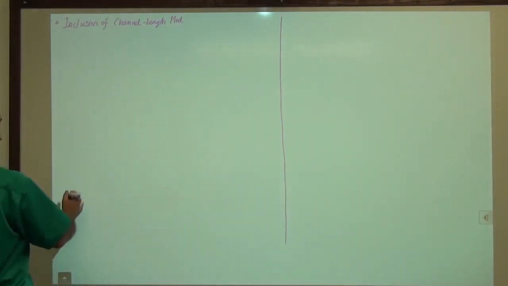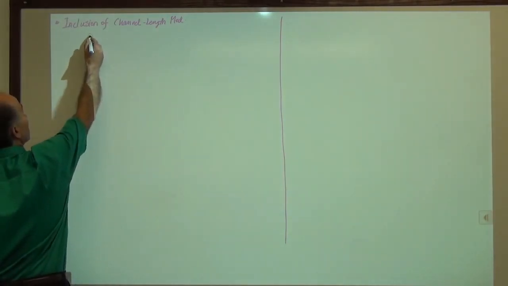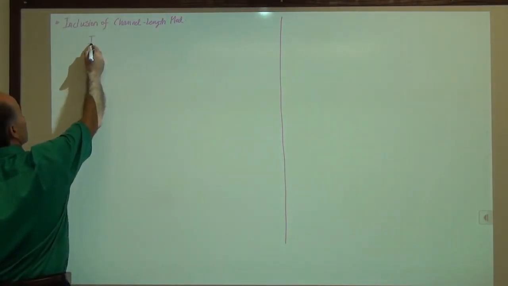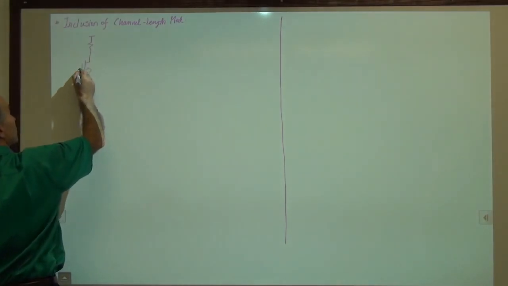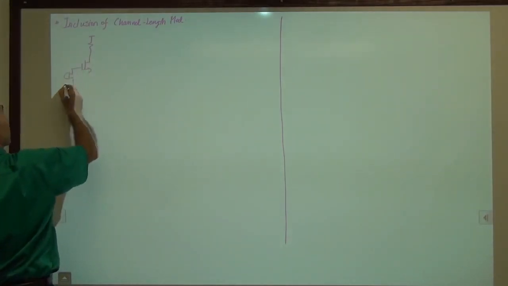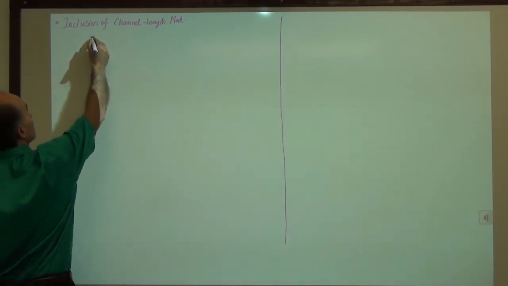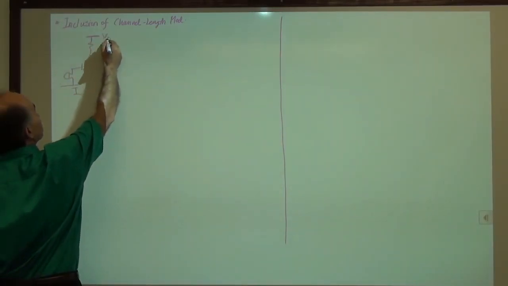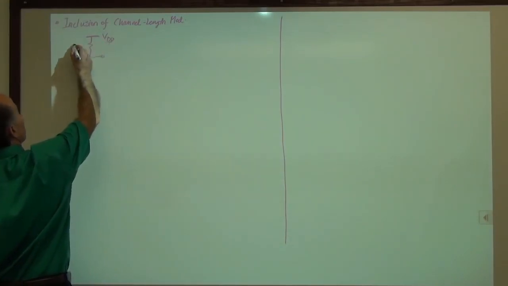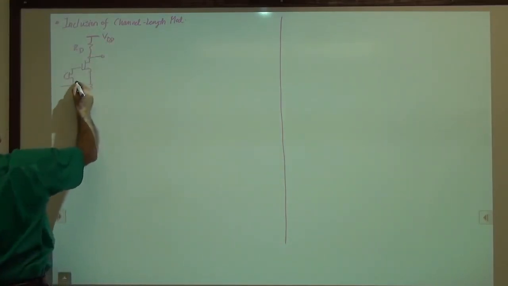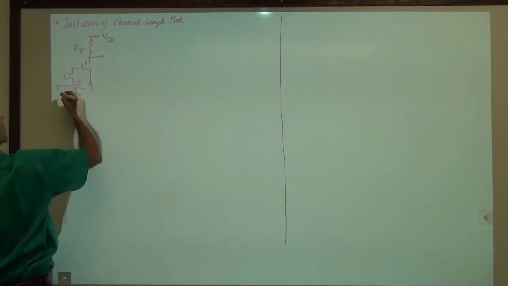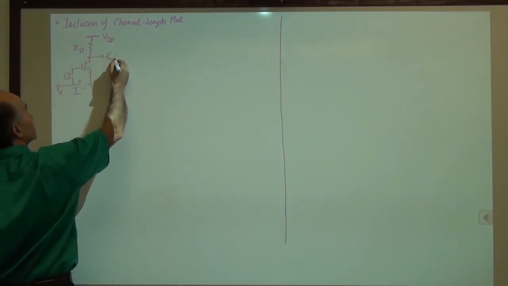All right, so here's what we have. Again, we draw the small signal model of the circuit. Let me draw the overall circuit before we attempt that. It's always good to remember what the circuit looks like. So this is VDD. This is RD, and we have V0 here, and then we have V out here.